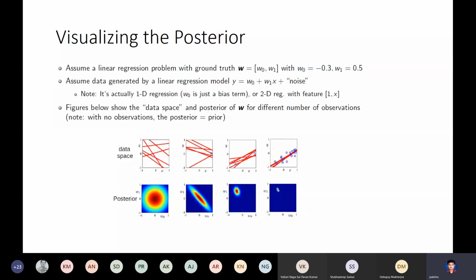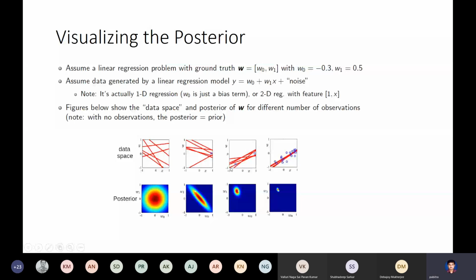Prior is constant, so the posterior gets updated. Earlier everything was kind of equally likely, a centered Gaussian. Now this posterior after a single observation gets updated like this. This is the posterior distribution. If we sample from this distribution, this is the sample of lines we'll get: all the lines that are passing through this point, not exactly, but with some noise.